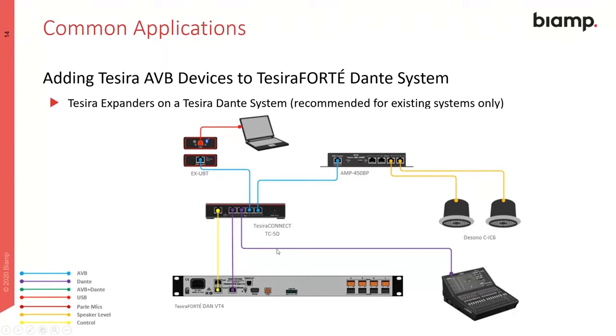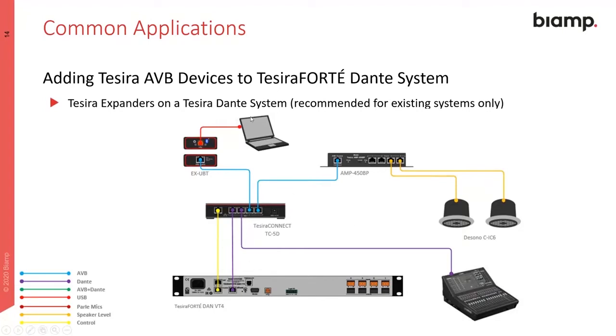So in this case, conventionally, if we don't have the TesiraCONNECT 5D, you would have to change the Tesira 40 DAN and have another server I/O with a Dante card and an AVB card. But the TesiraCONNECT makes our life easier, so you can bridge the AVB into your Dante network. Basically, you will change the AVB into a Dante flow and connect it back to your Dante system.